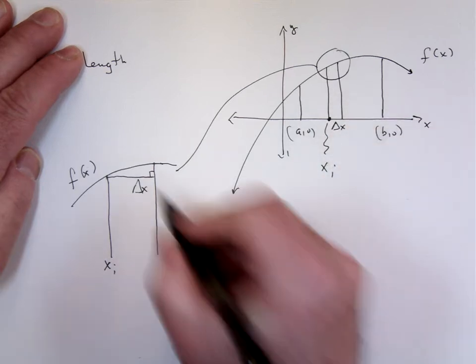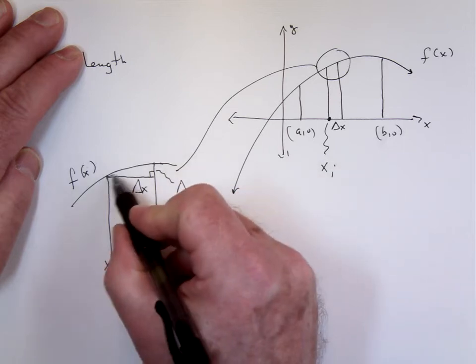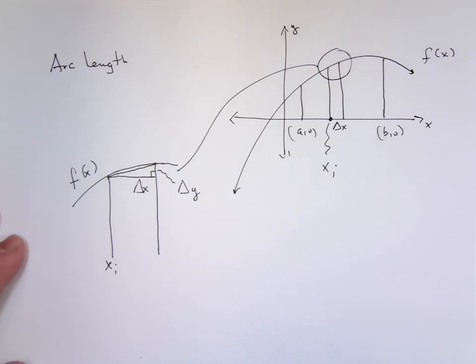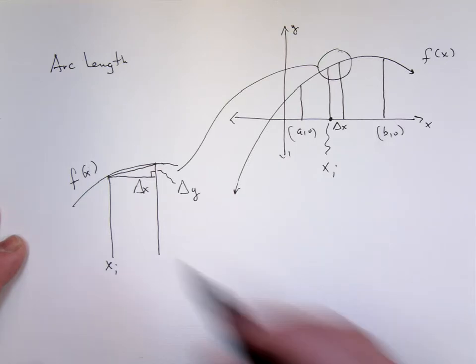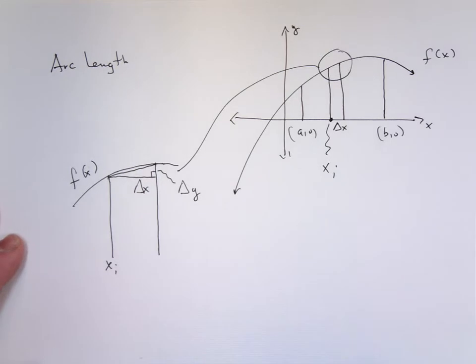Here's delta y. We could approximate the length of that curve over the interval by looking at the hypotenuse of that right triangle. As delta x approaches 0, as the number of delta x's goes to infinity, these hypotenuses get smaller and smaller. The error goes to 0, and we have the exact length of that plane curve.